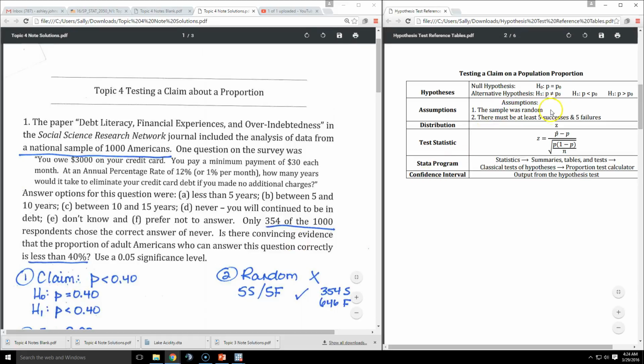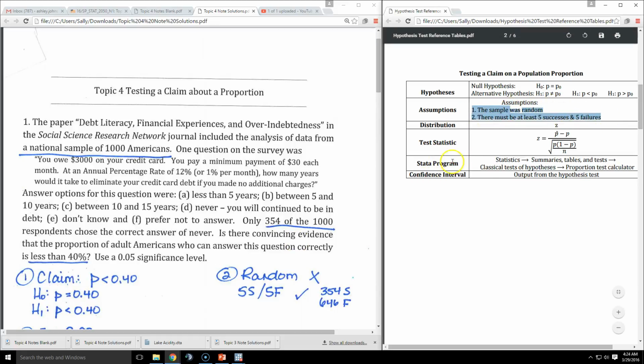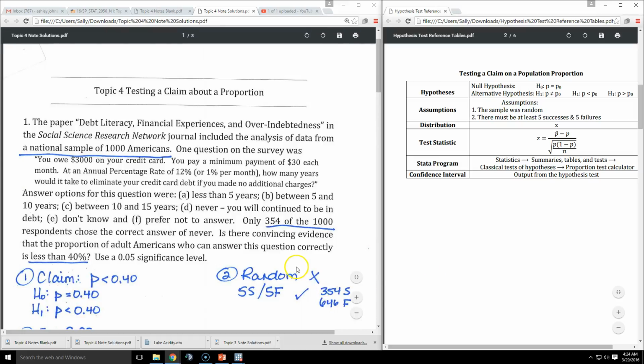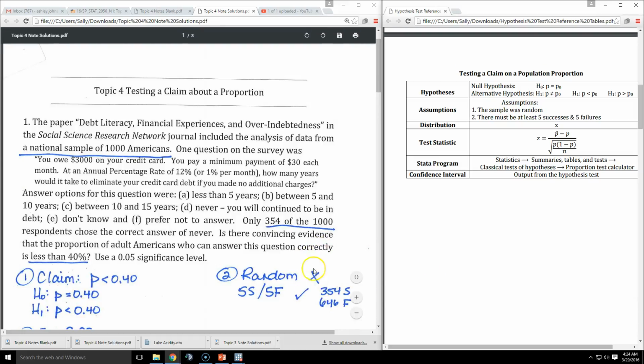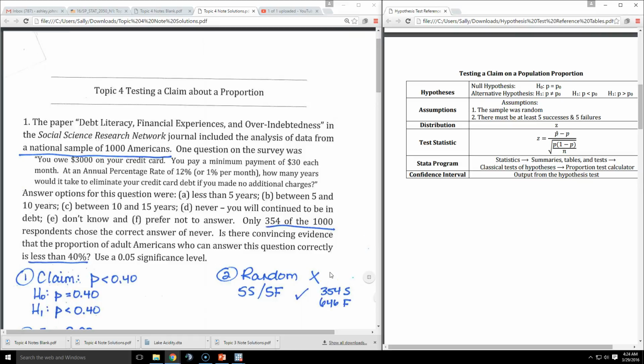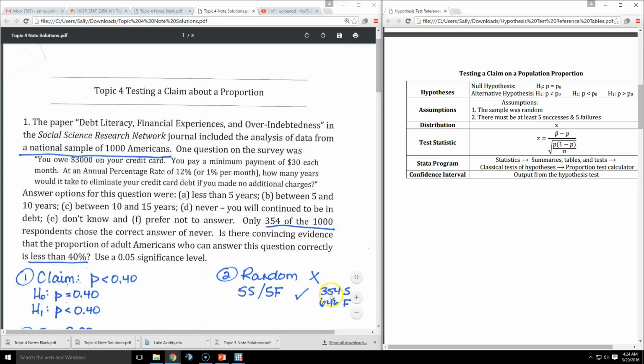The assumptions that we must check, again, are the same as they were for confidence intervals. Random is not specified, so you can't get check happy, is what I call it. You actually have to X this, because this was probably a voluntary survey, I would guess. However, they do have 354 successes and 646 failures. So that does pass that assumption.